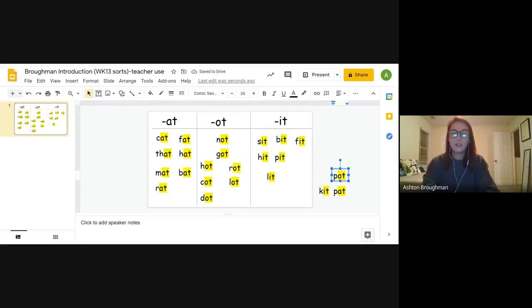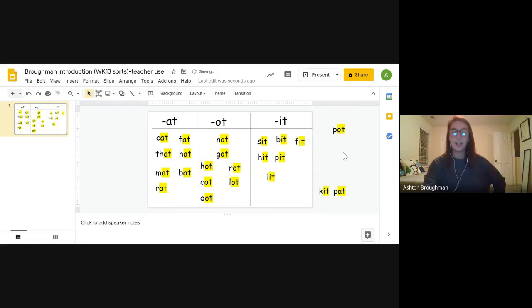All right, boys and girls, we have a couple more. Let's look at this one. What letter does this word start with? Good. It starts with the letter P. What sound does the letter P make? Good. And then there's OT again. What sound does OT make? Ot.